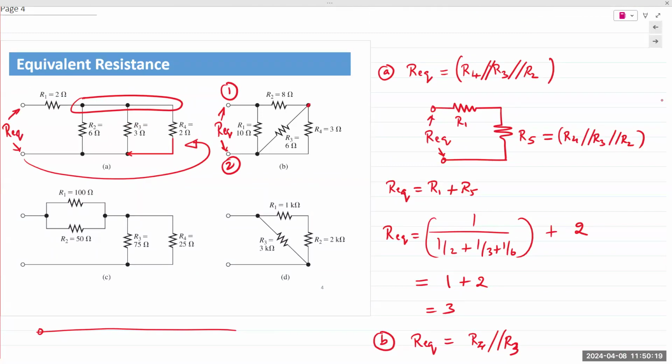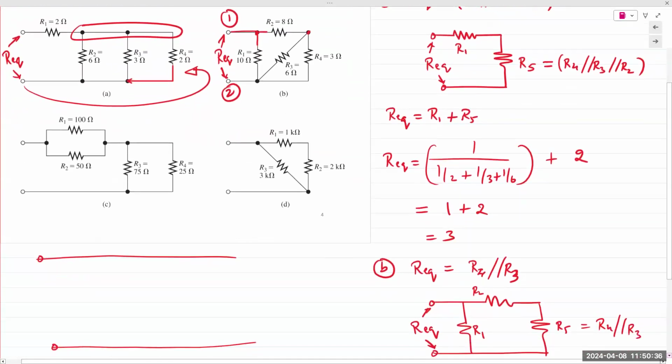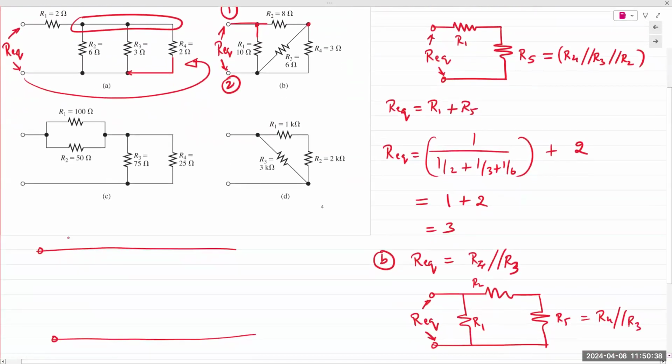Okay. So if I start at the top, I have R1 and R2 connected at terminal 1. Right? Everybody sees that? And I'm going to draw both of them vertically. So that's R1.